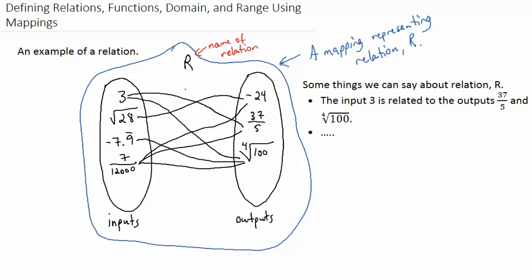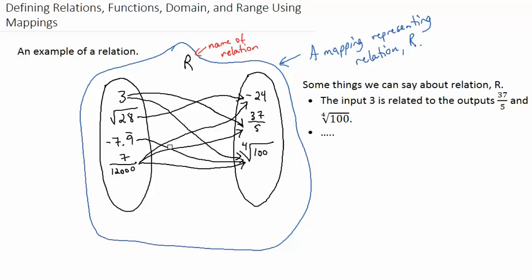Now, it's also very common for these lines to have an arrow on the end. The reason for that is, if we do it that way, then we do not have to label what our inputs and outputs are, because the output is the one that you point to, that you map to.